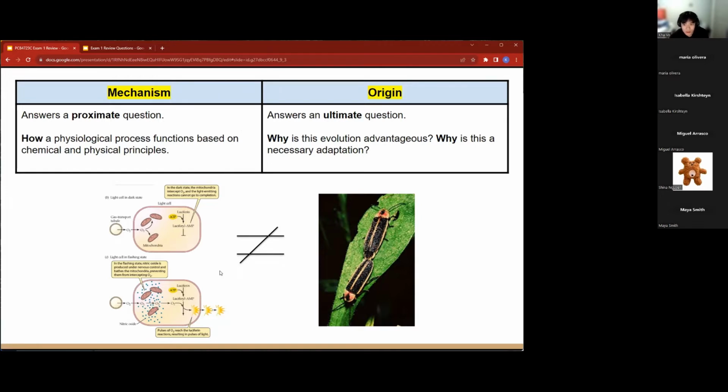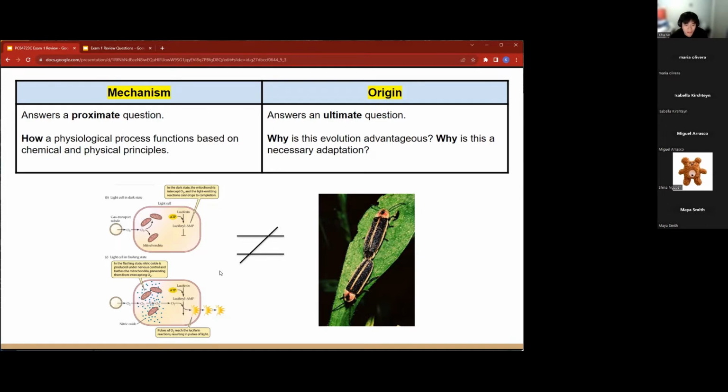After that, we move on to questions that ask about the origin, also called ultimate questions. That would simply be, why is this evolution advantageous? Why is this a necessary adaptation? On the exam, I'm pretty sure this would just be built into an answer choice.